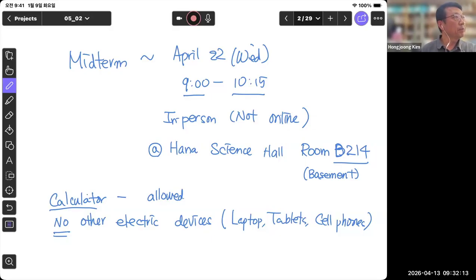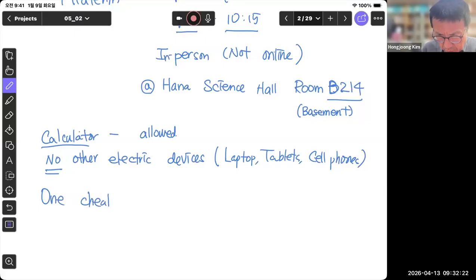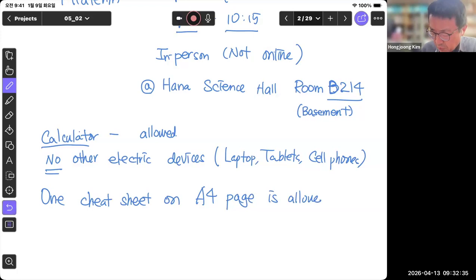And one cheat sheet on an A4 page is allowed, but it must be one-sided only.